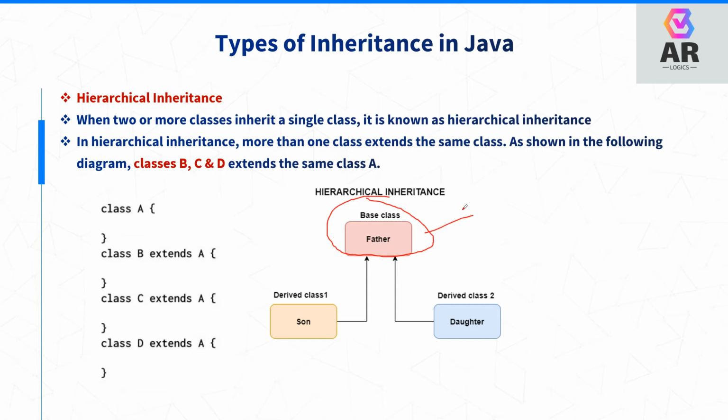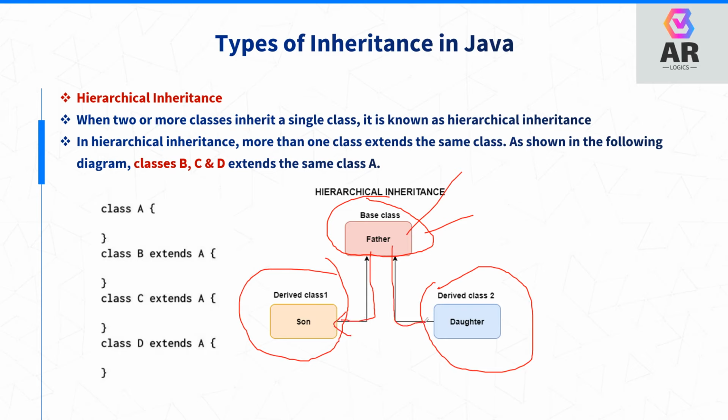Okay, single superclass, inherited separately by two or more subclasses. Say, father is having two children. One is son, one is daughter. His property is divided into two parts. One is son, another one is daughter.